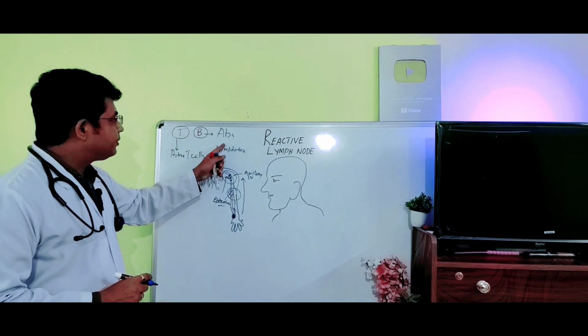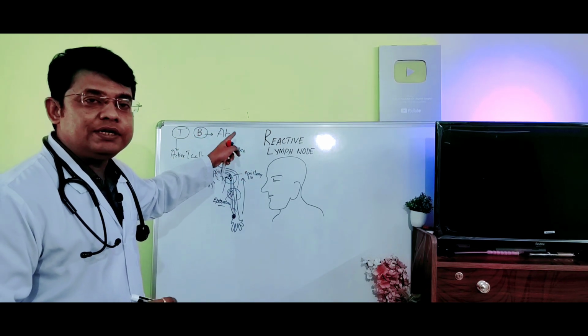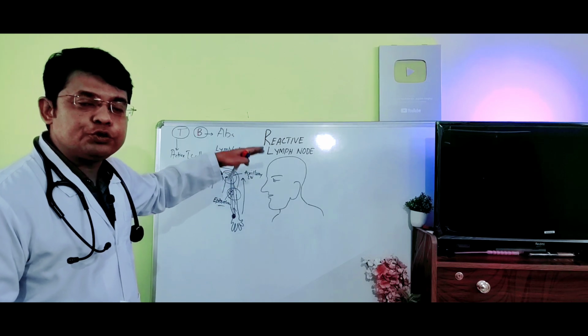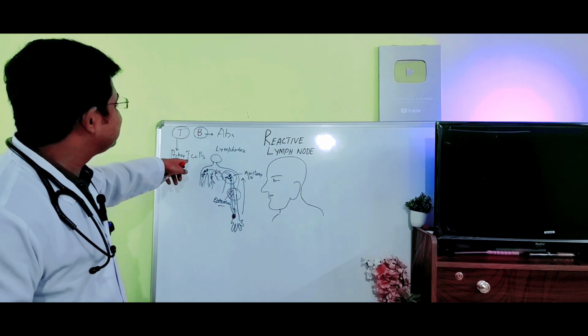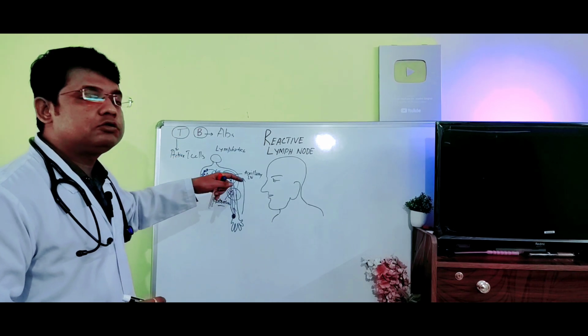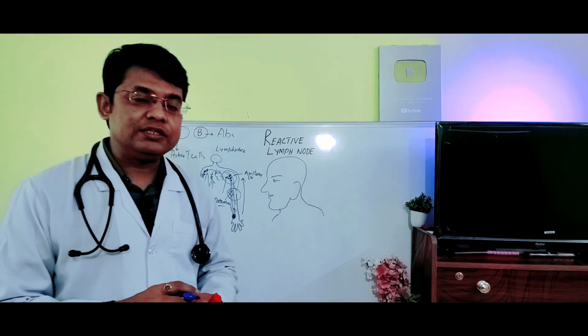B lymphocytes produce antibodies, and by producing antibodies they are trying to kill that bacteria. The activated T cells can also directly kill the organism.